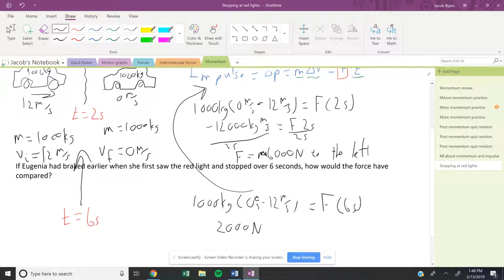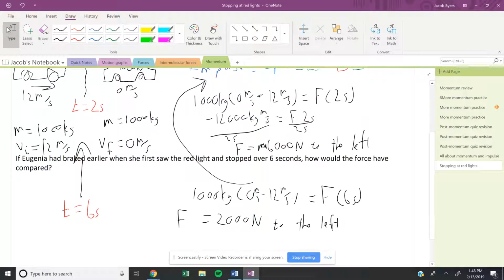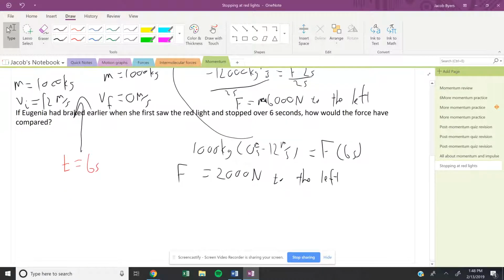And so your force will be 2,000 newtons, to the left again. So by driving in a conservative manner, you can decrease your force by 2/3. And that's why it's more pleasant to ride with someone who brakes ahead of time and not at the end.